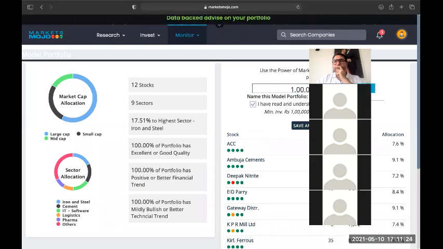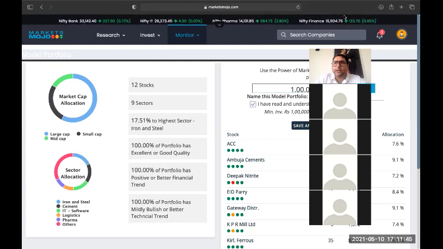So how about monitoring the portfolio? Yeah, so what you can actually do is, once you have created your model portfolio, you just have to buy the equity the next day in the morning, say between 9:15 and 9:30.